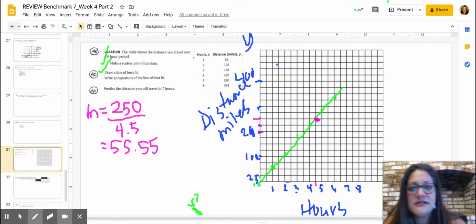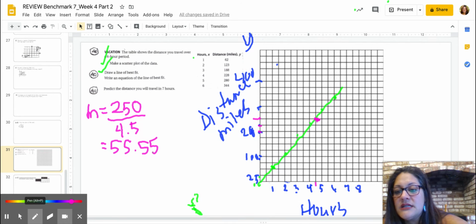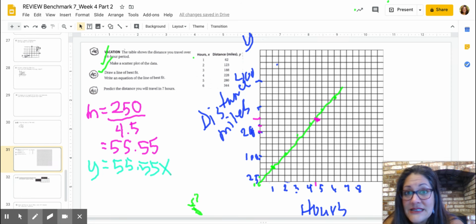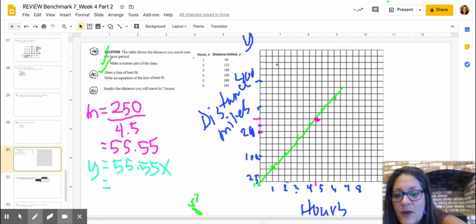My equation of the line is y equals mx plus b. I know my b is 0, so y equals 55.55x. My x is the amount of time, and I want to know in 7 hours, so I just have to multiply. I want to know the distance, that's my y.